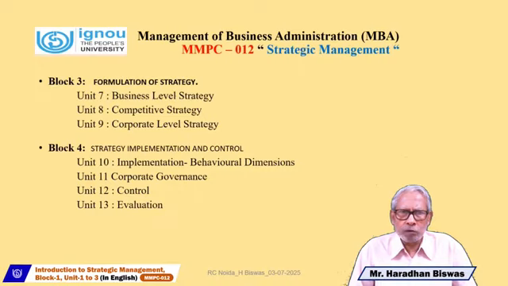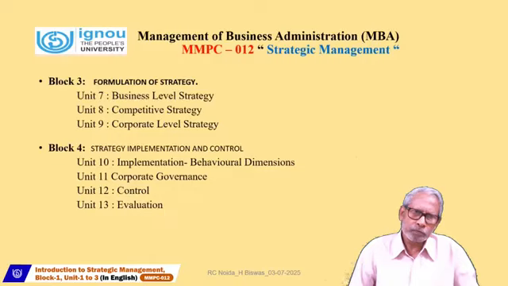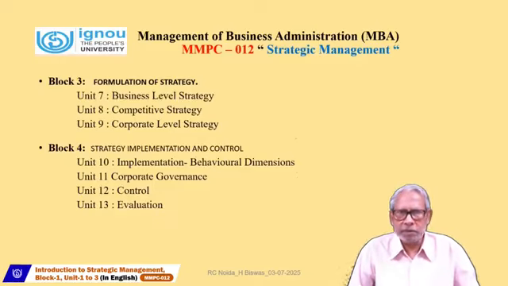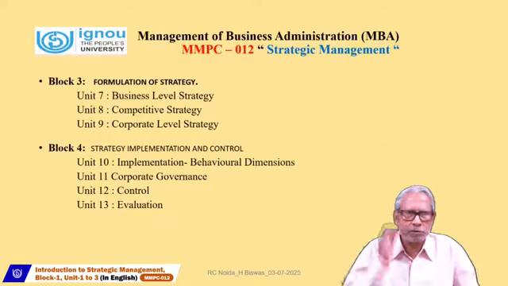Here I would like to emphasize one thing: in your organization, strategy should be at all levels to fulfill the objectives. That's why in block 3 you have to discuss the different levels: corporate, business and competitive levels.